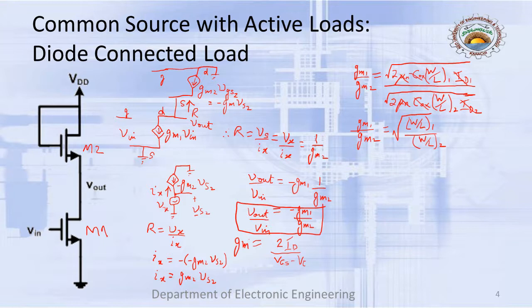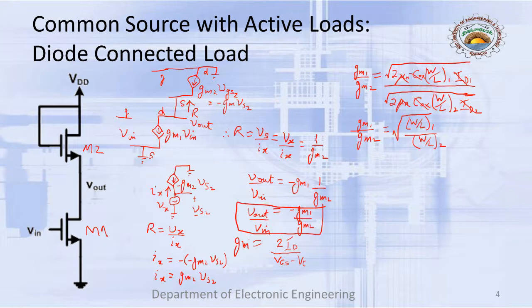Now about here we have the source, the gate which is connected to the drain and which is grounded. And for this transistor, we have gm2 VGS, and VGS would be equal to minus VS2. So this is the small signal circuit.